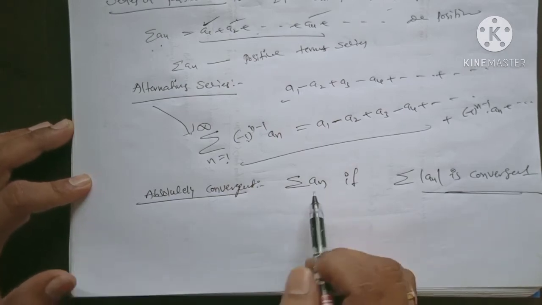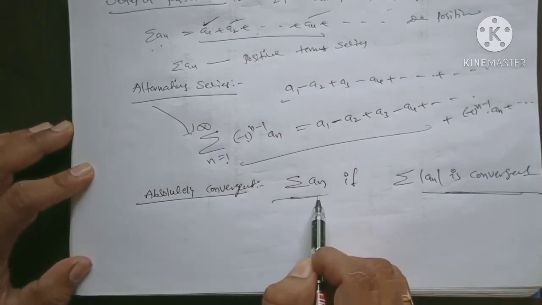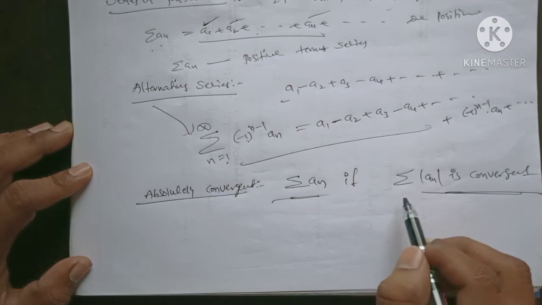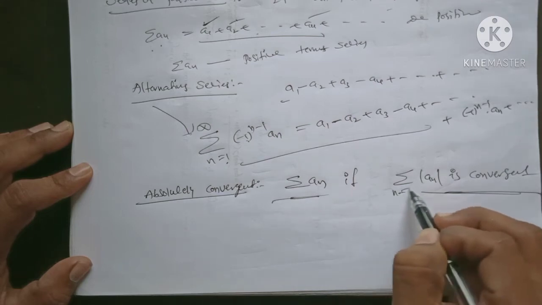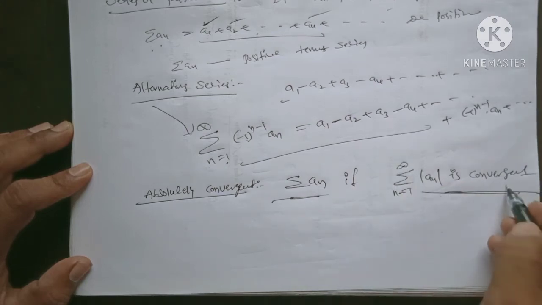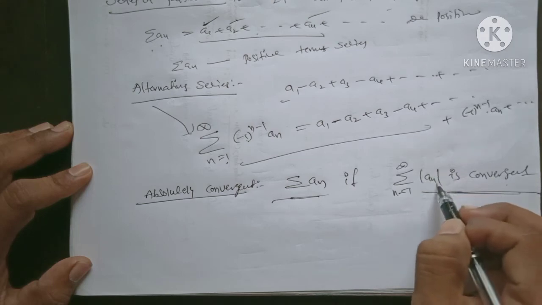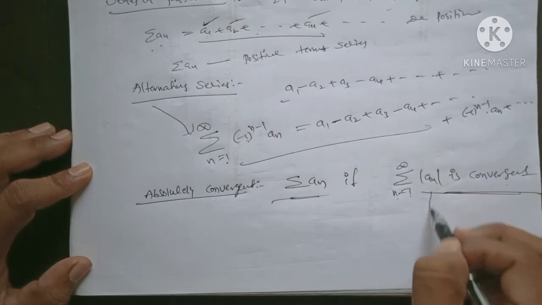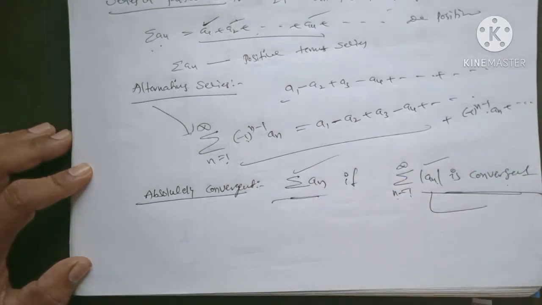That is, the series sigma an is said to be absolutely convergent if the series sigma n is equal to 1 to infinity mod an is convergent. So if this series of mod an, n equal to 1 to infinity, is convergent, then we say that the given series is said to be absolutely convergent.